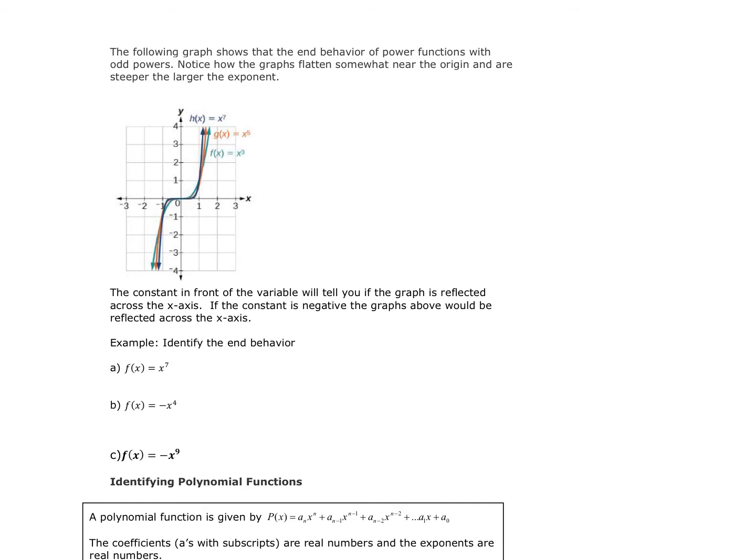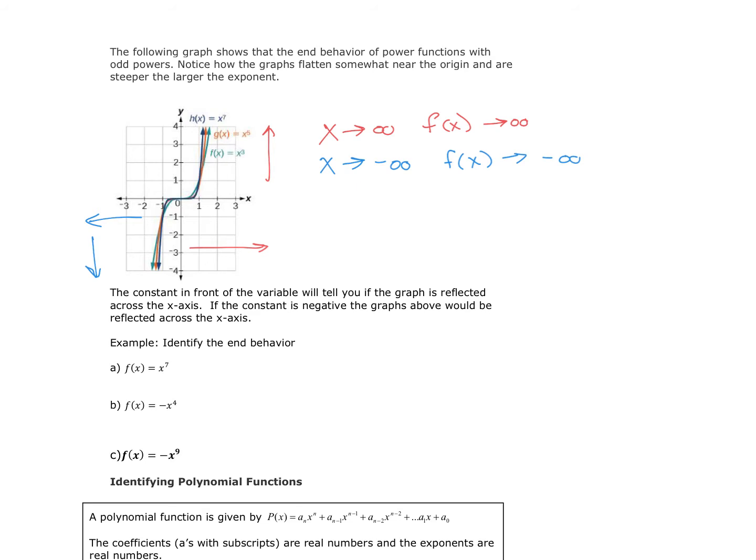So what we notice is that as x approaches infinity in this direction, the function values approach infinity in this direction. However, as x approaches negative infinity in this direction, the y values approach negative infinity.